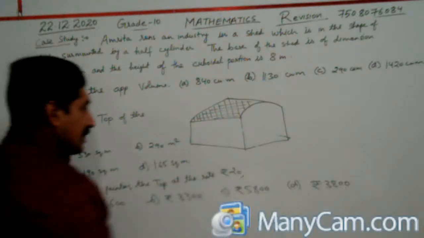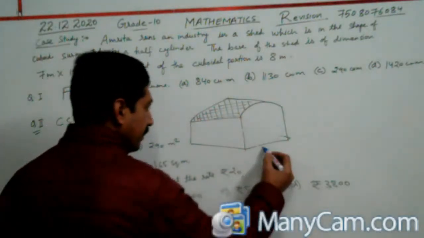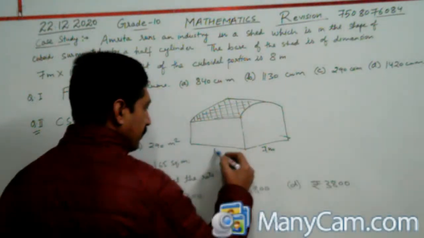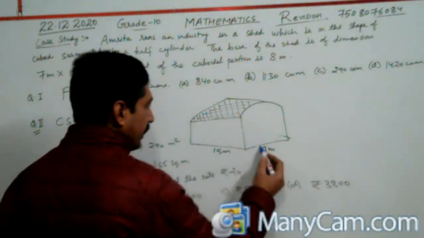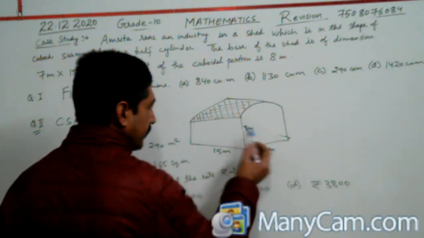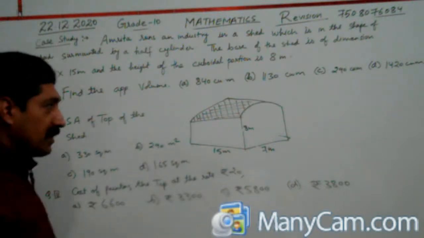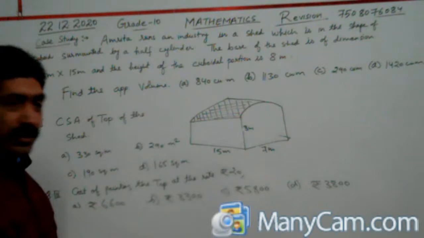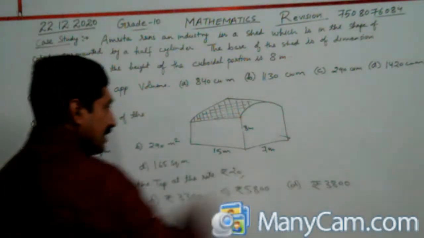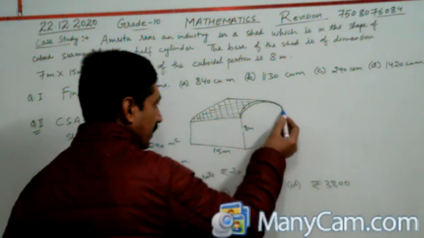This is 7, this is 15, and this is 8 meter height. So first is find the approximate volume. When we are finding the volume, we have two things. One is the cuboid LBH, and one is half of the cylinder. Here this is half of the cylinder, right?